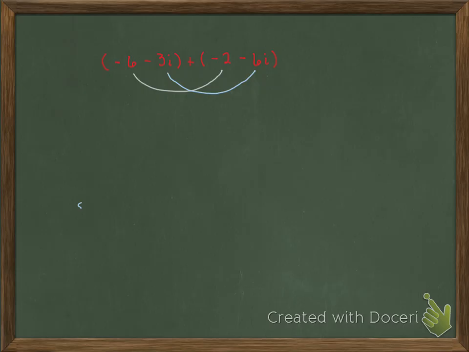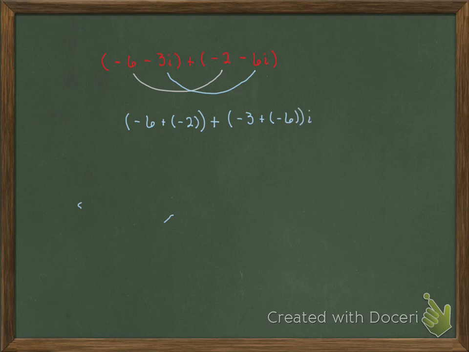We'll put the real parts together, negative 6 plus a negative 2, to which we are adding the imaginary parts, negative 3 plus a negative 6i.